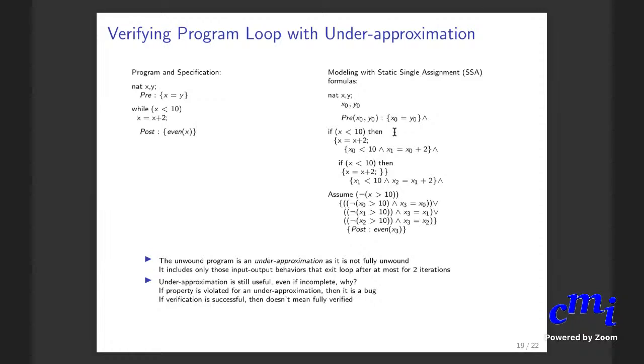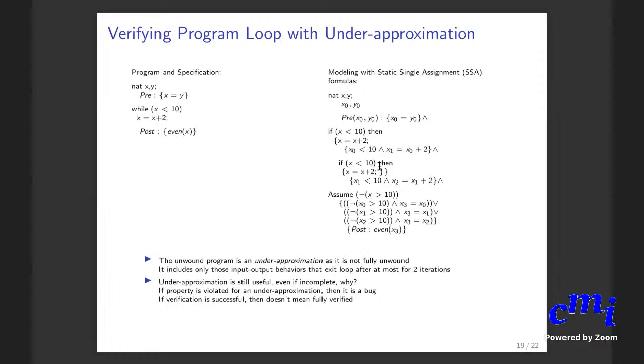And this method is what is called an instance of bounded model checking. Don't worry about the terminology, but you kind of get an idea. So this is what model checking a program is. One way of model checking is using symbolic logic.